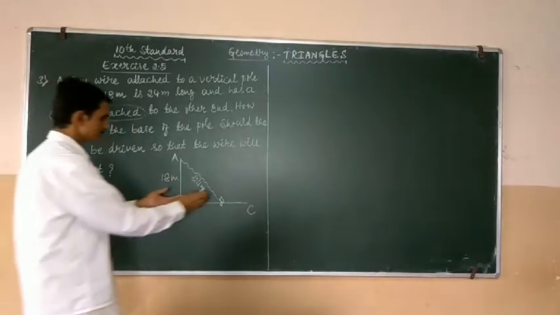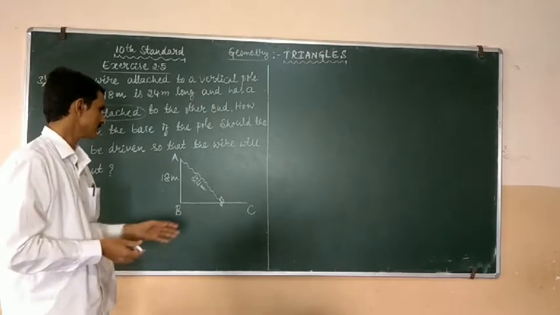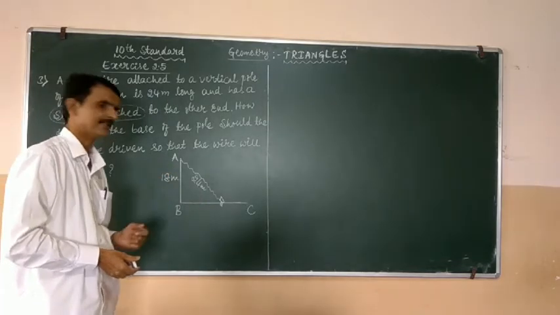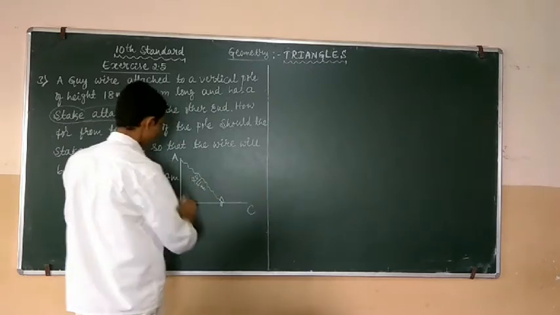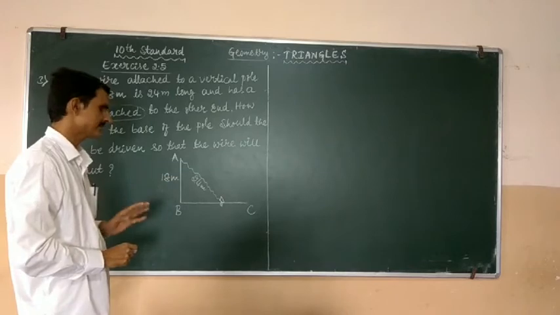If it is taken towards the pole, it will become more loose because the height of the pole is 18 meter. So this should be taken far away from the vertical pole AB.